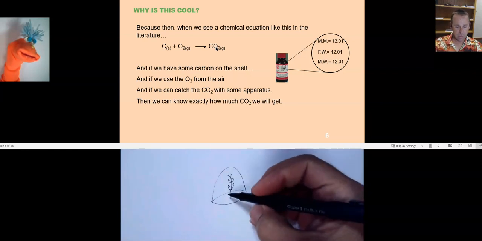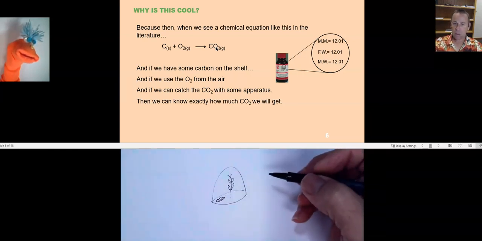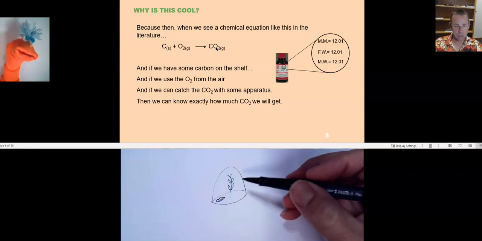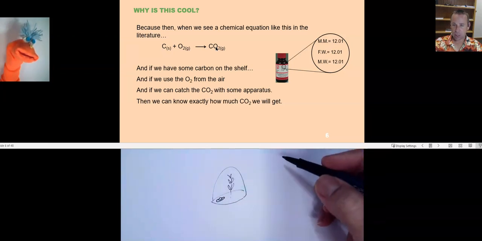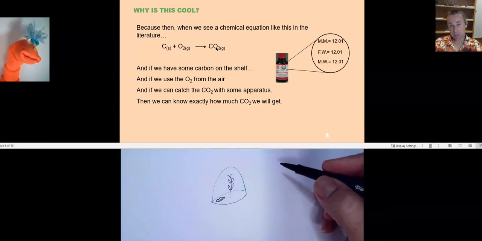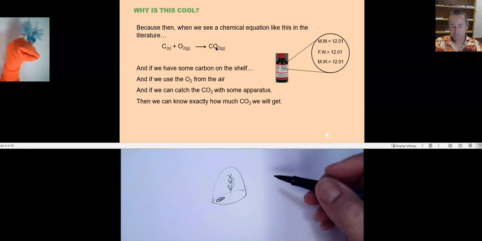Well, one way to do that would be to have a fixed amount of carbon in here, burn it in the presence of oxygen, and not enough oxygen, and then I would know exactly how much carbon dioxide I started with, and from that I could determine how much carbon dioxide the plant is consuming.